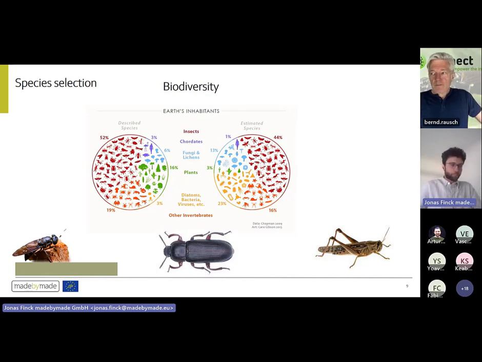And for us, we were interested in more of a circular economy, to use the potential of insects to use organic residues and to save the nutrition in those organic residues and bring it back to the value chain to the feed industry.